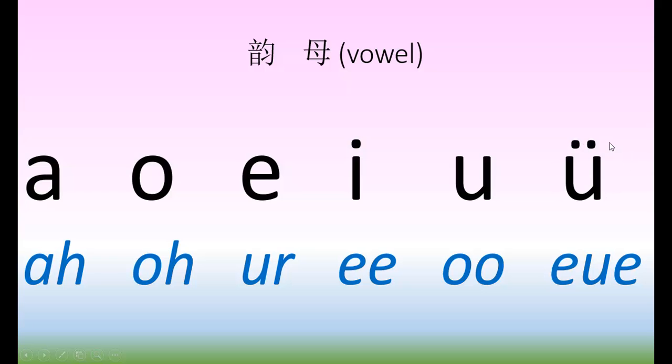The position of your lips is almost the same as u, but the initial sound of yu is something like i. So if you put the starting sound of i and this lip position of u, you might get it. So this is yu. One more time: a, o, e, u, yu.